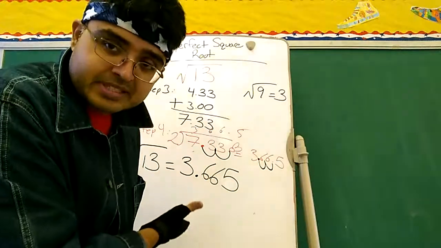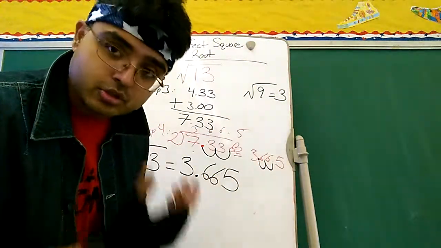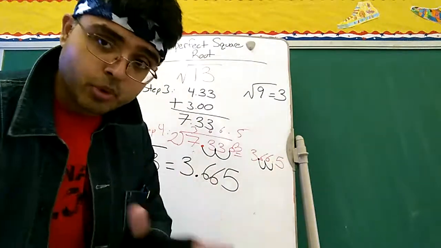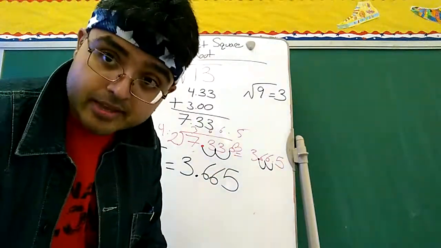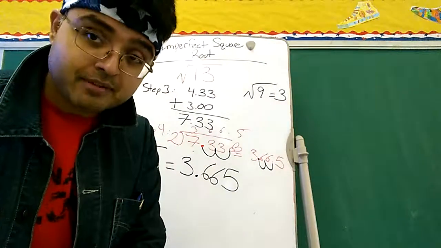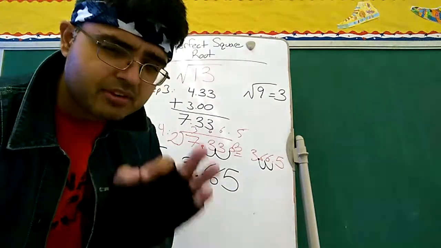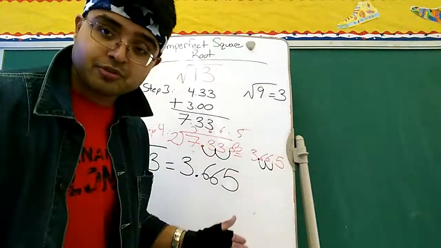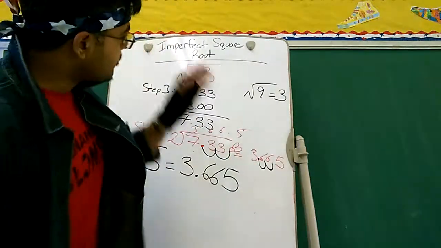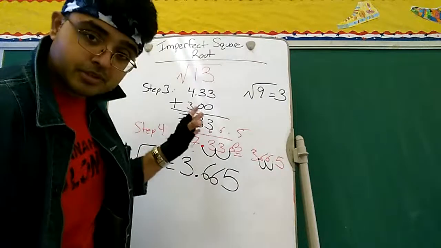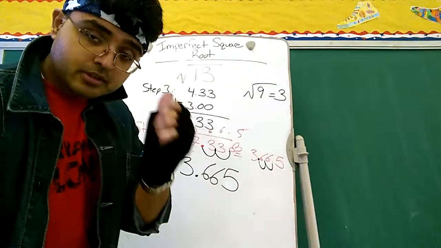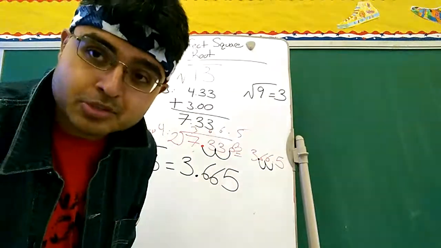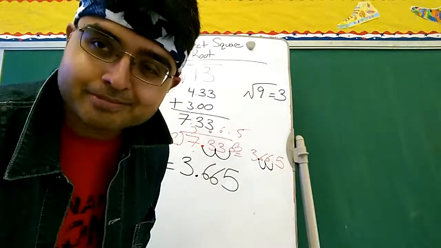We can actually use the split technique, but that'll take forever. You can take this number and square it. 3.665 times 3.665. And the answer should be very, very close to 13. And this is how you find the square root of imperfect numbers. Step 1, 2, 3, and 4. And this is a technique not many kids know about, but your kids now do. All right, thank you.